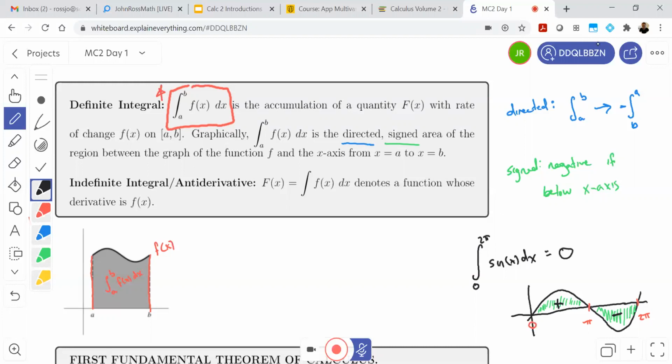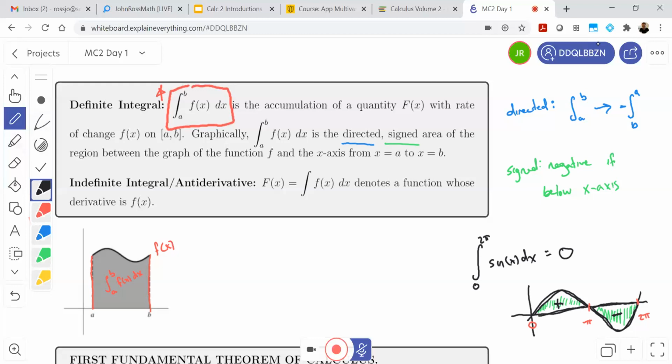Computing nothing and just understanding that the integral is measuring signed area, we see that this is a positive amount of area and it has an equal negative amount of area just by the symmetry of the sine function. And so in fact, this total area sums up to be 0. The positive area and the negative area exactly cancel each other out. No computation necessary.